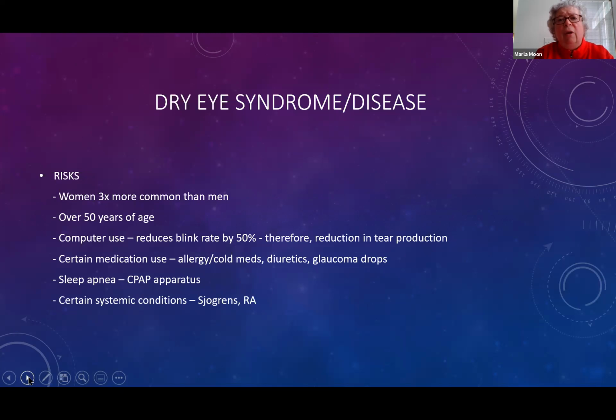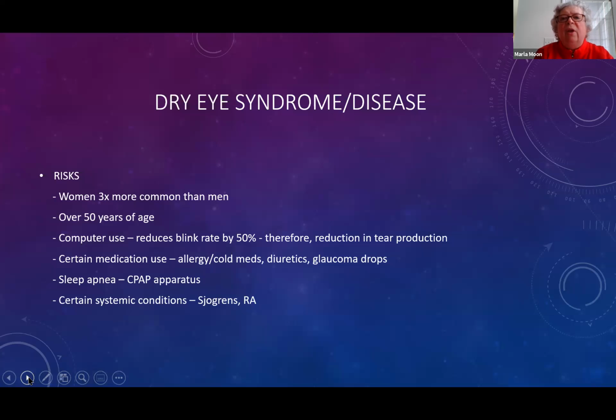Certain medications we've always known that will reduce some of our tear production. Allergy, cold medications, they are a decongestant. So they're drying up your nose. Well, they're also drying up the mucosal membranes. Diuretics for heart, blood pressure medications, and some glaucoma medications do a real job on the tear film.